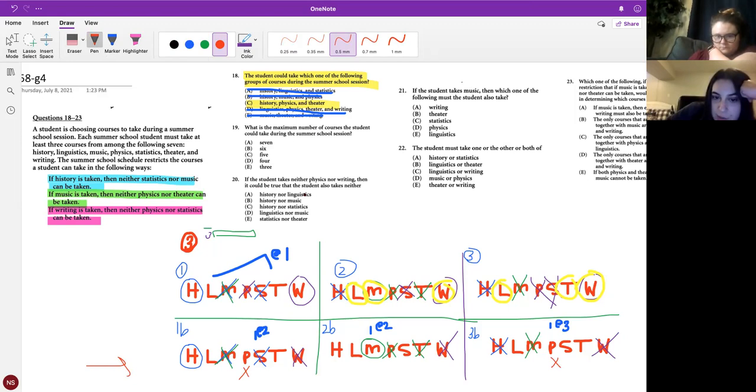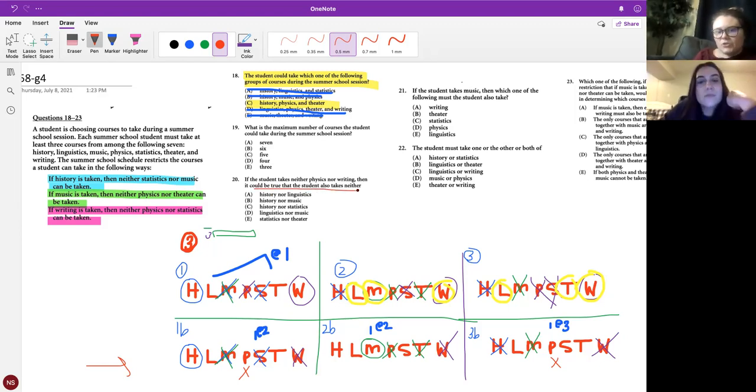They could take history because in the one world this could be true. It could be true that the student also takes neither. So if we take neither physics nor writing, could it be true that we don't take history nor linguistics? It could be. Okay, and which one?